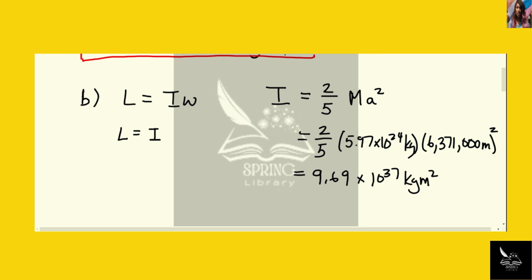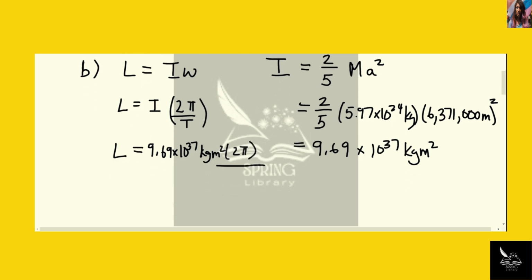Now, omega is the angular speed, and we can rewrite that as 2 pi over T, T being the period of the rotation. Very similarly to the previous calculation, we have to make sure that the period is in seconds.